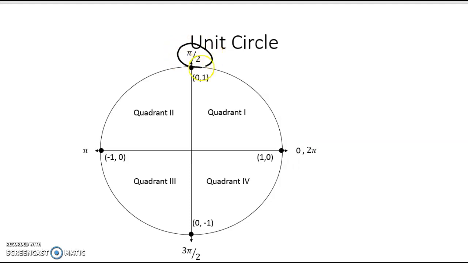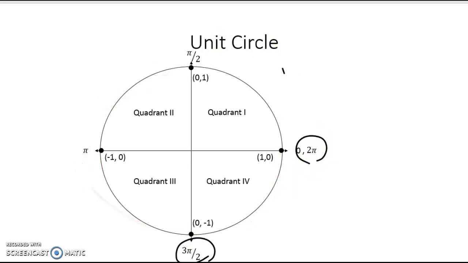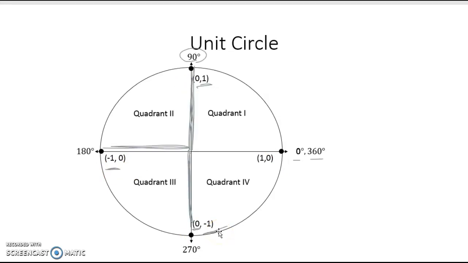Then you go pi over 2, which is the same thing as 90. Pi is the same thing as 180. 3 pi over 2 is the same thing as 270. If I went all the way around the circle, now I'm back at 2 pi. And they would have the same ordered pair for each point there, the same as back over here, because we're talking about the same points.